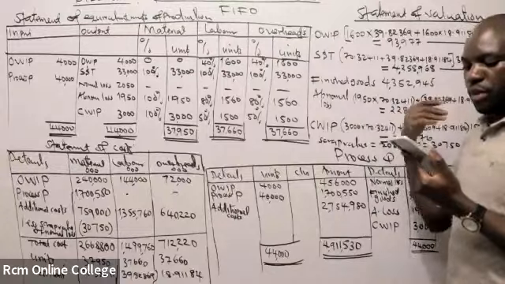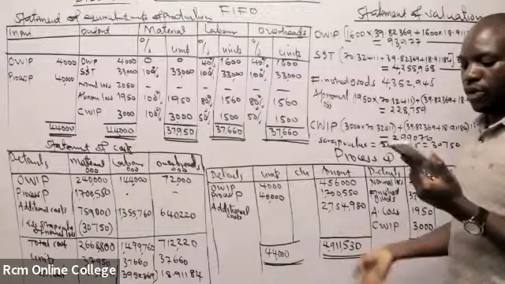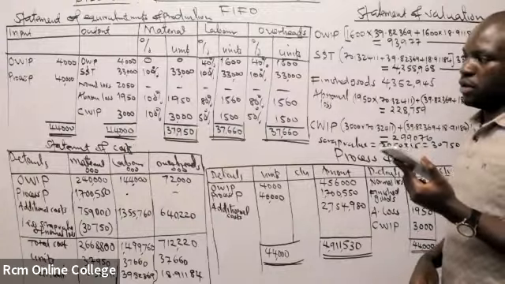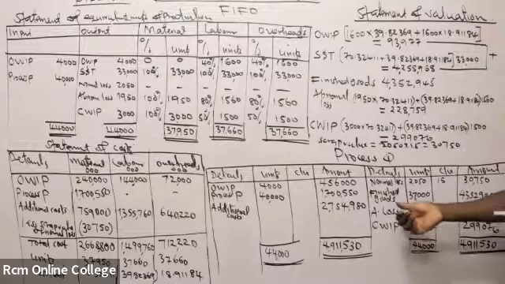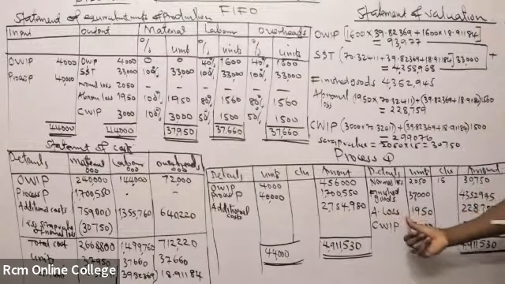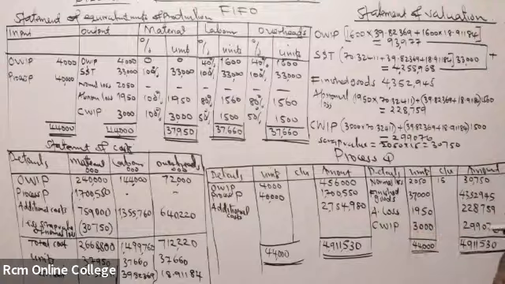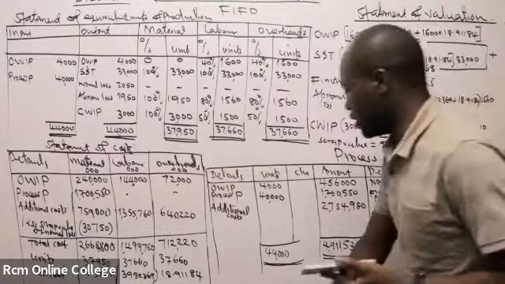Then the last one, prepare abnormal loss account. Do you think you will not manage to prepare abnormal loss account? We are here with it. Abnormal loss, is that a problem? Is it a problem to somebody?